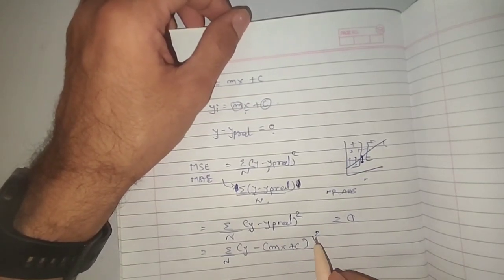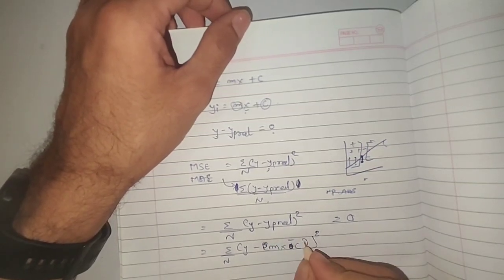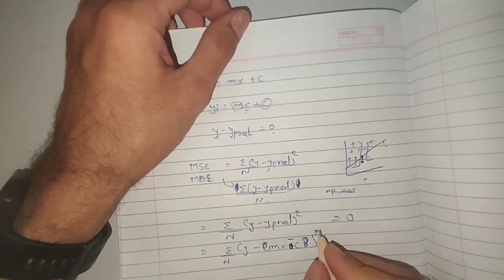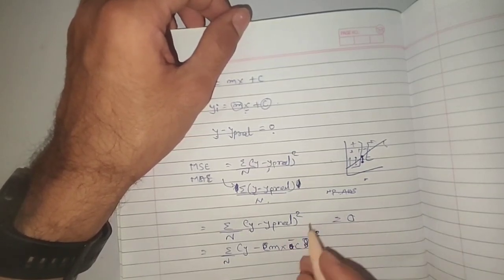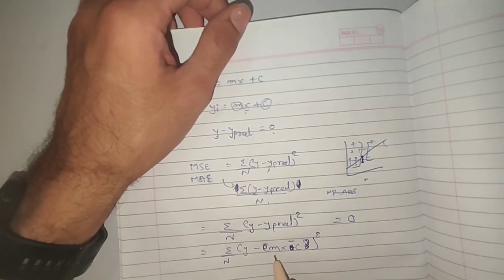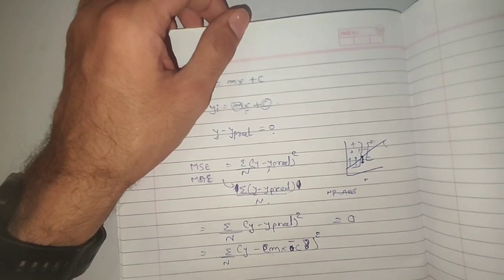If we look at it now, there is a square, right? Let's just remove the bracket also. So there is a whole square. If we are going to do it the arithmetic way, then it is going to be much more tedious, and also there are two unknowns. So how can we do a partial derivative?